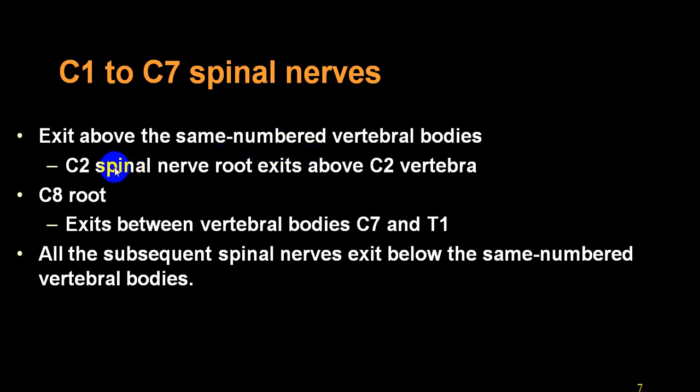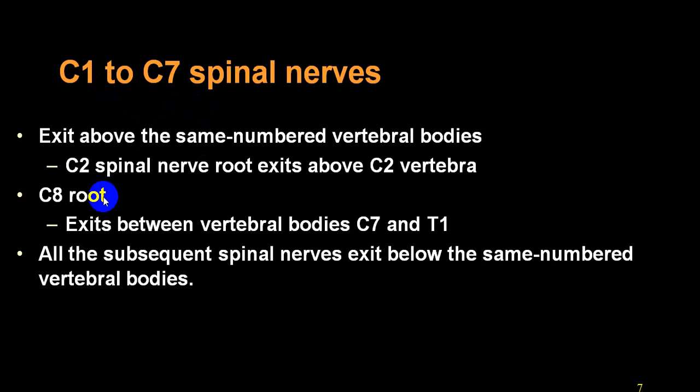So the C2 spinal nerve root will exit above C2, and C1 will exit between the cervical 1 vertebra and the skull.